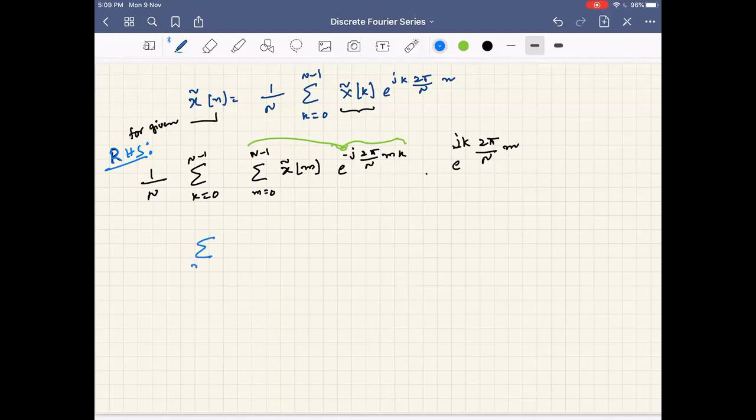So bring m outside and k inside. Okay, I think there is a small mistake here. This is n.